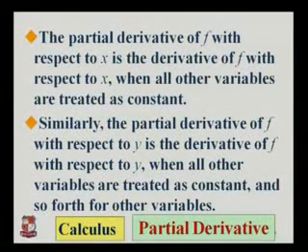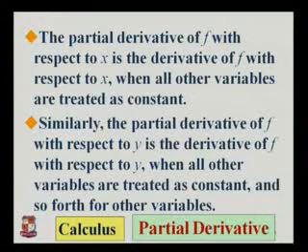The partial derivative of f with respect to x is the derivative of f with respect to x when all other variables are treated as constants. So when we take the derivative with respect to x, if we have other variables like y, z, t, they are kept constant and we take the derivative with respect to x only.